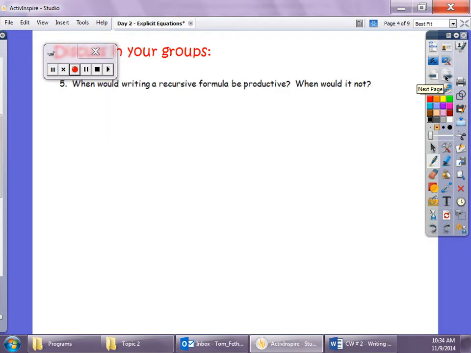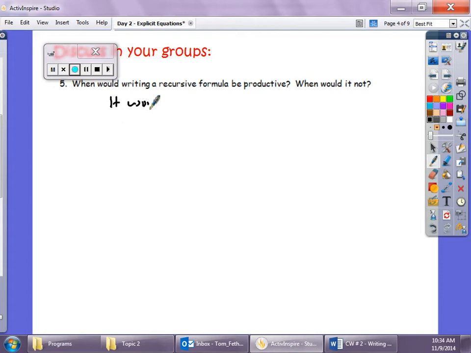The next question says, when would writing a recursive formula be productive? When would it not be? Take a minute to think about that in your groups. So when would it be productive?